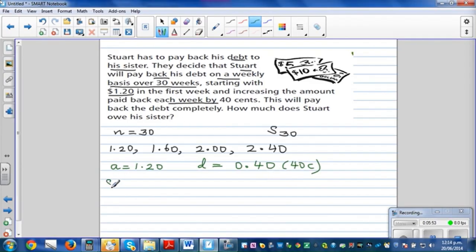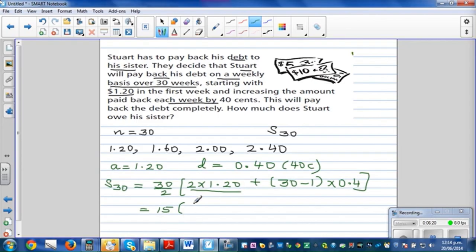So S30 using the formula is 30 divided by 2, bracket 2 times A, which is 1.20, plus 30 minus 1 times D, which is 0.4. So this is 15, bracket, 2 times $1.20 is $2.40, plus 29 times 0.4.